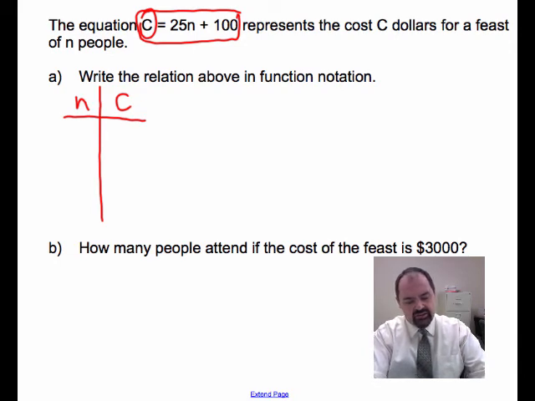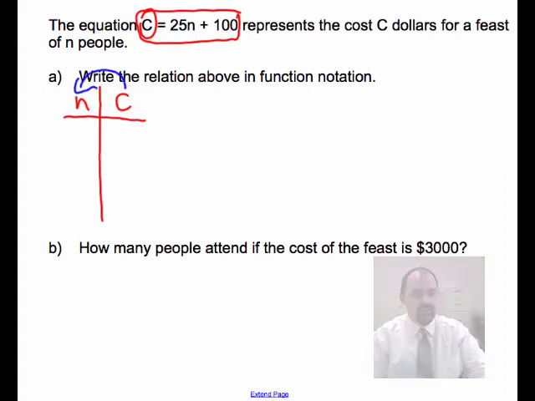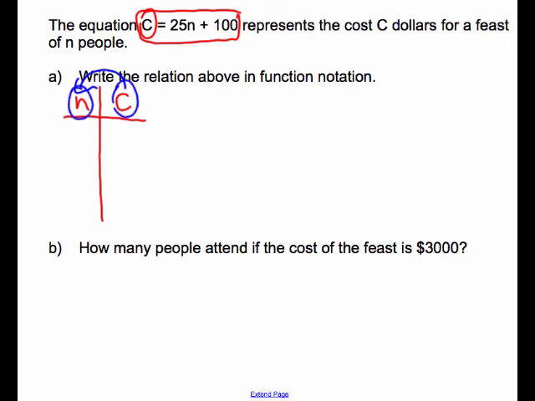And the way to think about this is that the cost of running the feast depends on the number of people, not the other way around. So independent and dependent. If nobody shows up, according to this relation, 25 times 0 plus 100, it's going to cost $100 to have that feast prepared, even though there's nobody around to eat it.